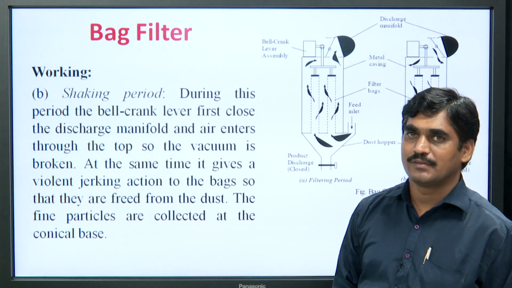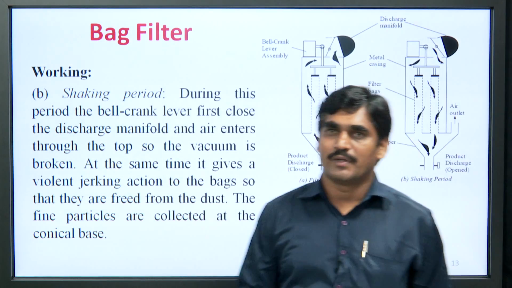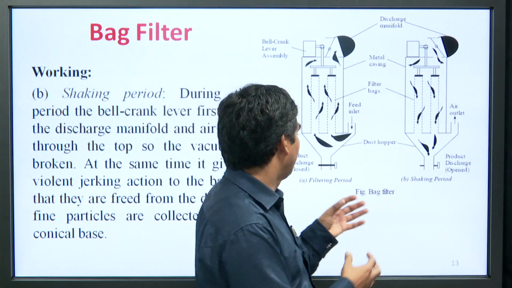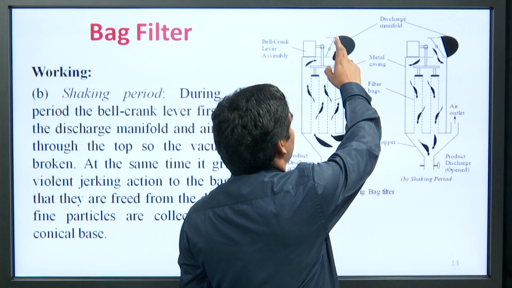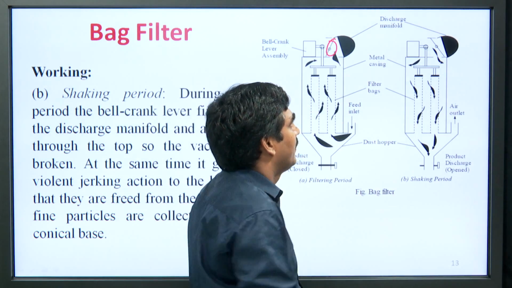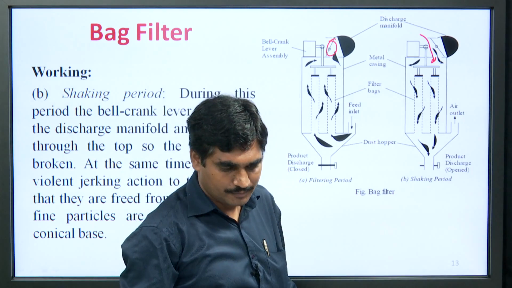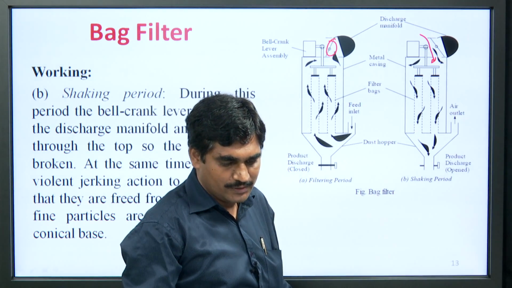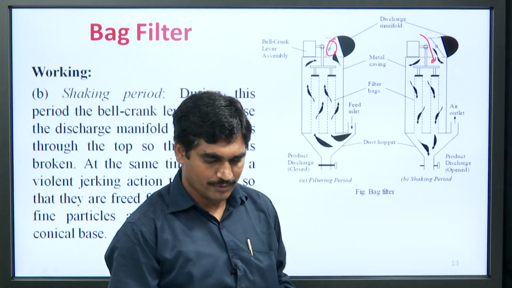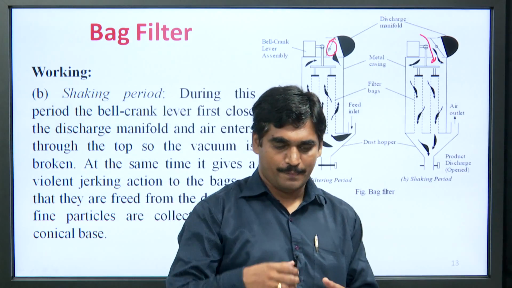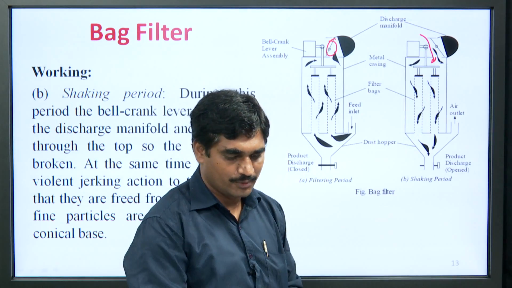Next step is the shaking period. During the filtering period we have applied suction. So, now this assembly is opened and pressure is applied. During this period, the bell crank lever first closes the discharge manifold and air enters through the top of this portion, so that the vacuum is broken.